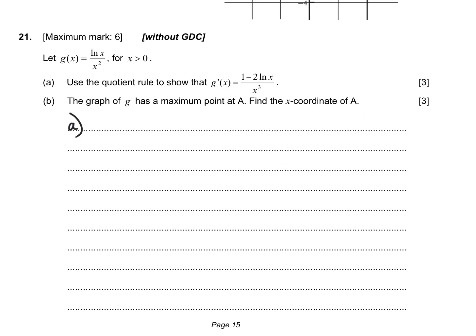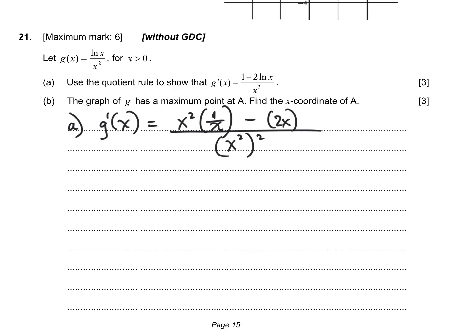So for A, we have g prime, start with x squared, and then we do v times the derivative of u, which is 1 over x, so the derivative of natural log, minus the derivative of v, which is 2x times u.